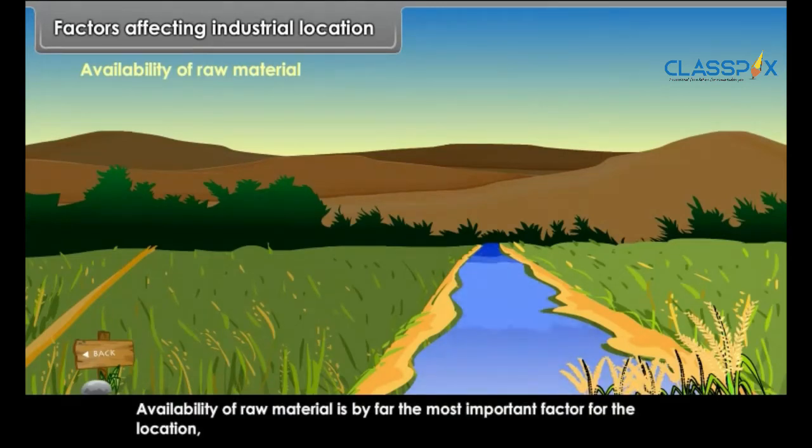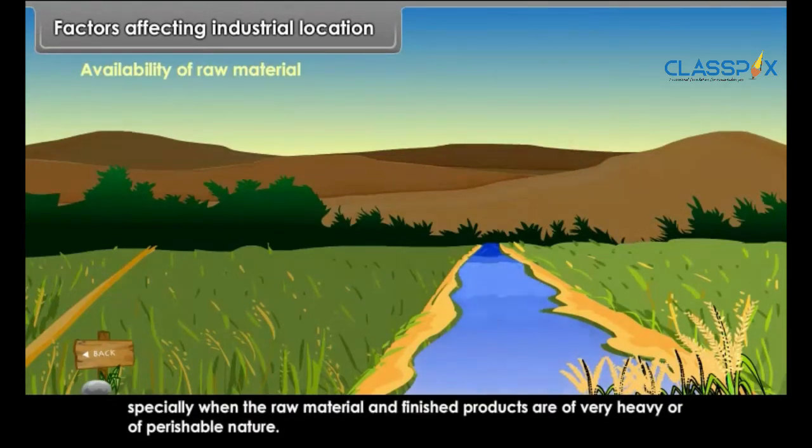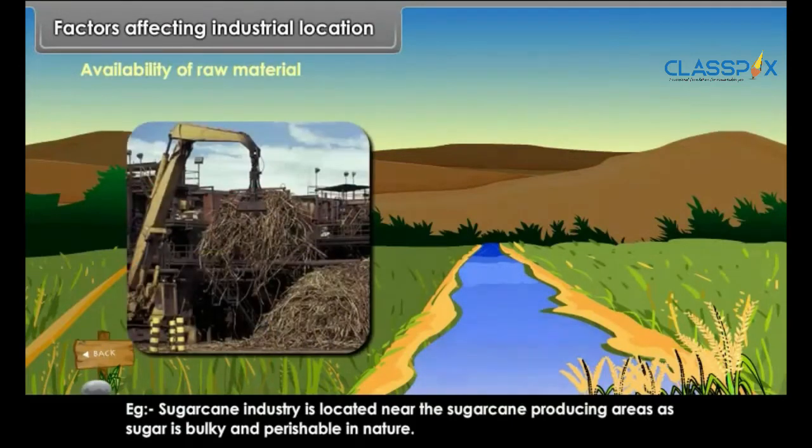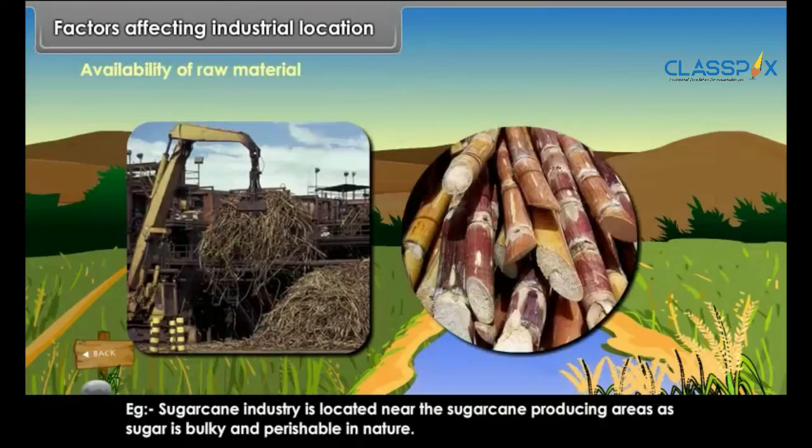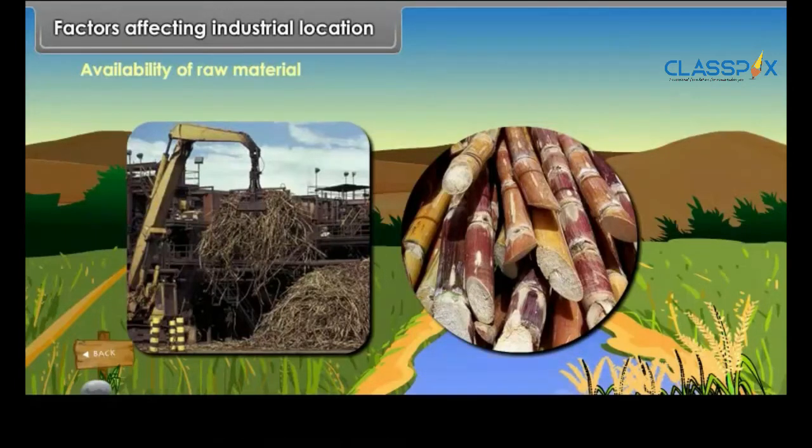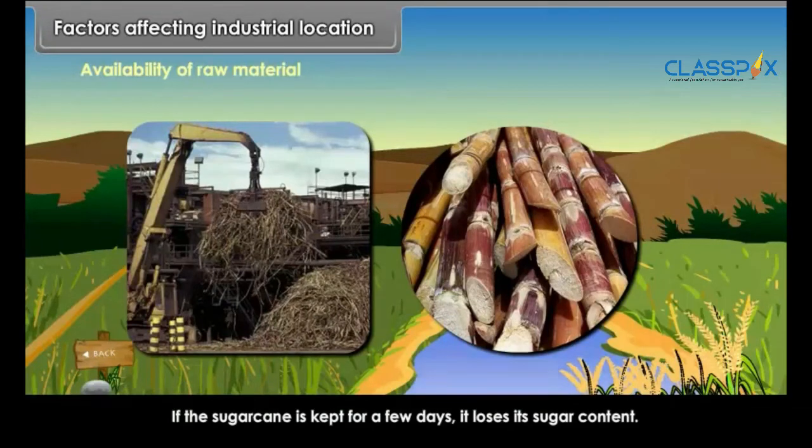Availability of raw material is by far the most important factor for the location, especially when the raw material and finished products are of very heavy or of perishable nature. Example, sugarcane industry is located near the sugarcane producing areas, as sugar is bulky and perishable in nature. If the sugarcane is kept for a few days, it loses its sugar content.